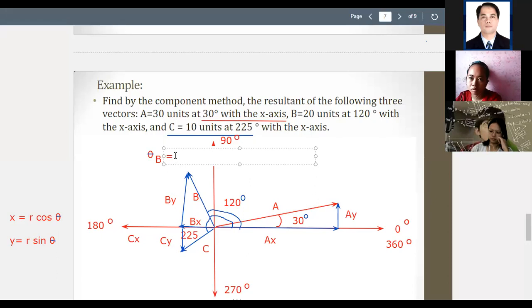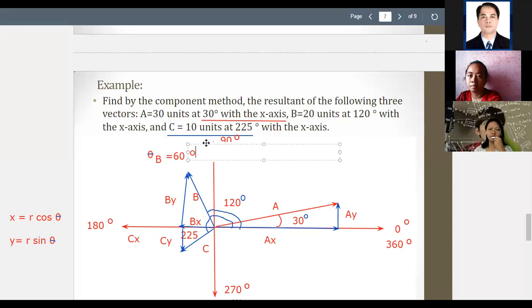Now, how many degrees will we consider for the reference angle of B? Eliza, what will be the reference angle for B? 120 degrees. 120 is the angle outside, but the angle within the triangle is equal to 60 degrees. How did we know that it is 60?